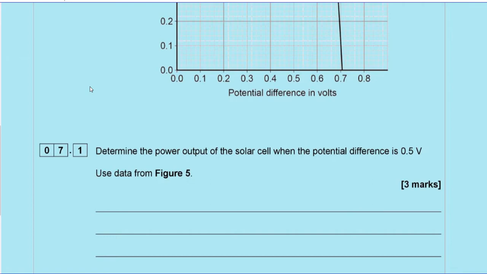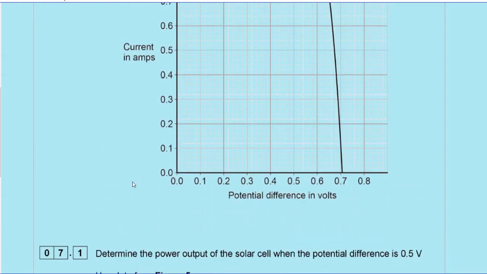volts. Okay, so if we're talking about electric power, the equation that we're going to want to use is that the power is equal to the current times potential difference. Okay, so we know that the potential difference is 0.5. So what we need to do is to use our graph to see what value of current is at that potential difference.